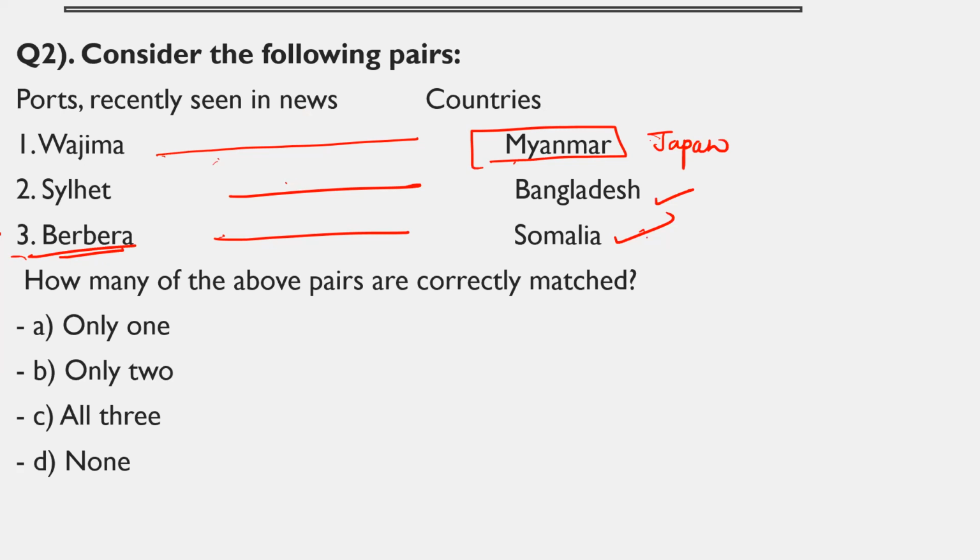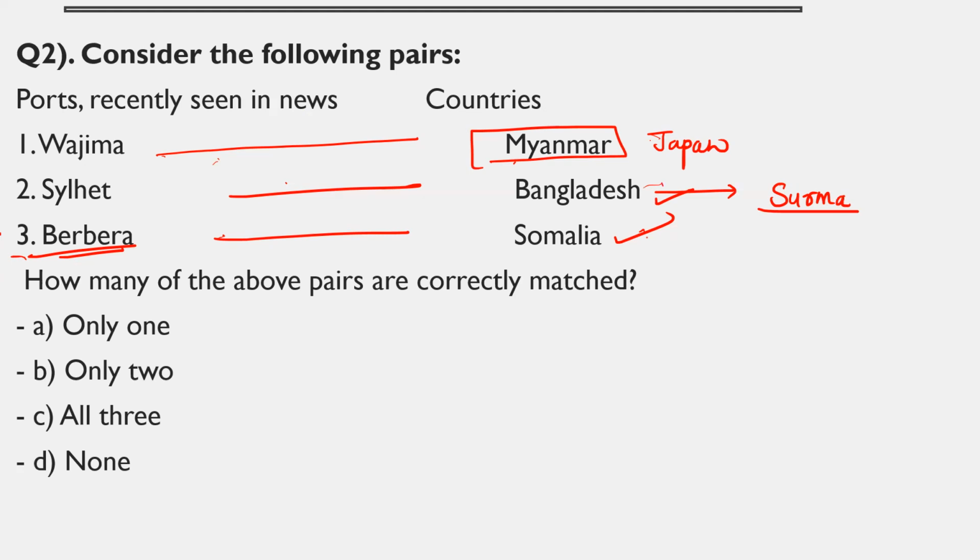This region is well known for tea gardens and tropical forest, and it has a history of conquest and heritage from different cultures. That's why it is a very famous place. This port is located on the bank of the Surma River. Which river? Surma River. Again, a very important point.